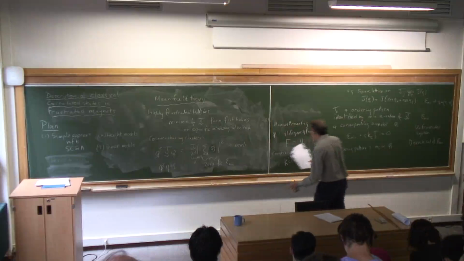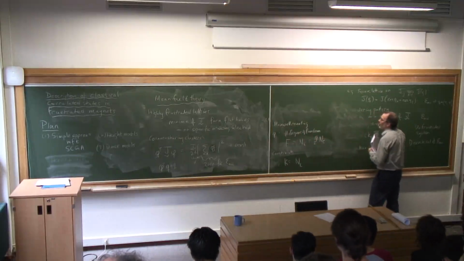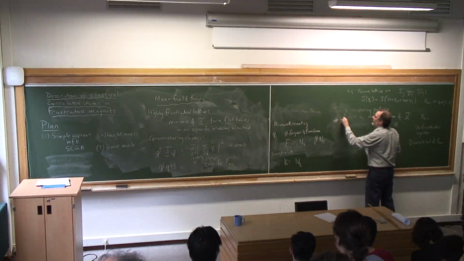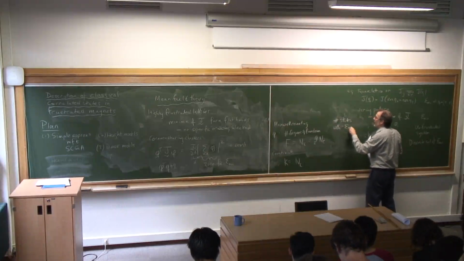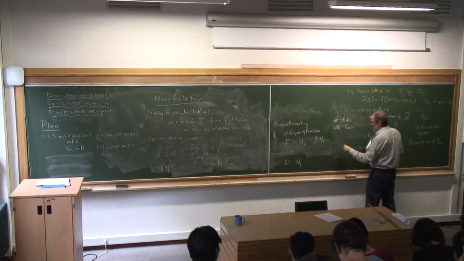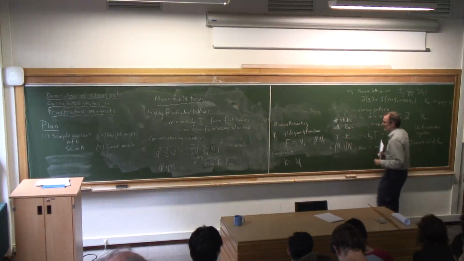And so the number of states with this minimum eigenvalue is f minus k, so that's q over 2 minus 1 times the number of clusters.